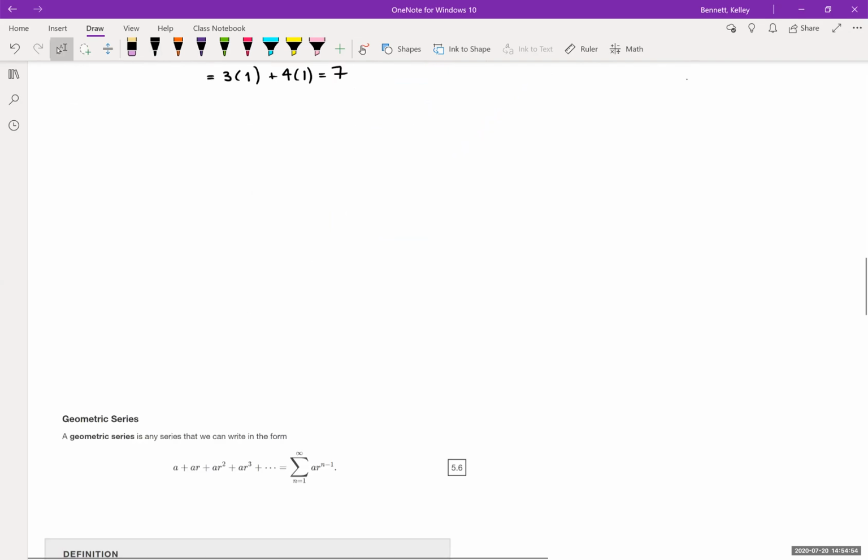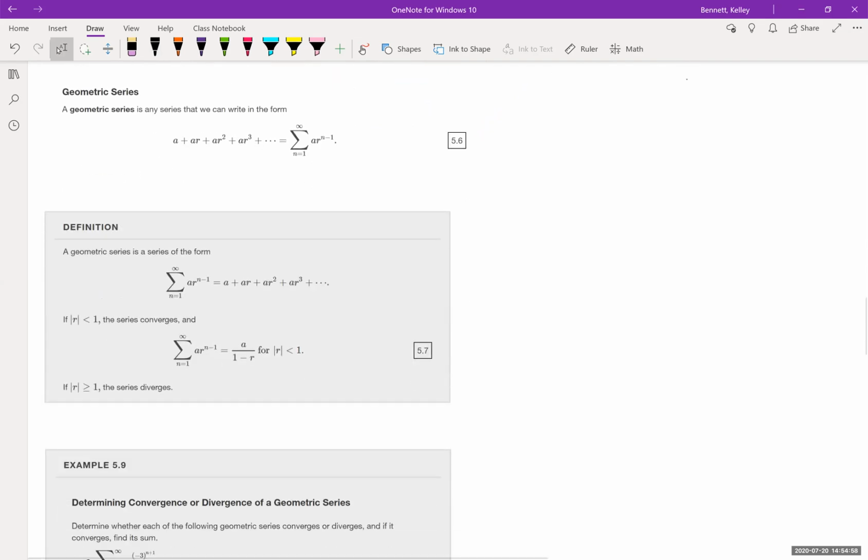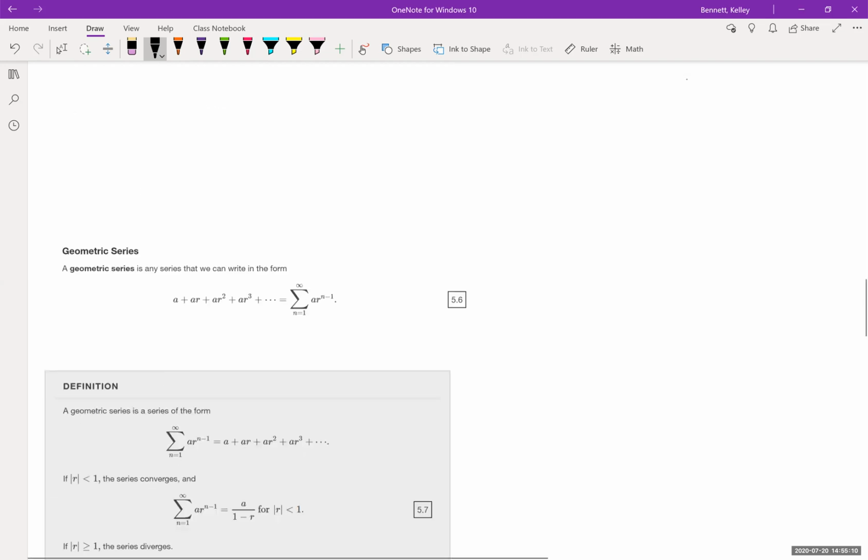So let's talk about the geometric series. We just saw an example where we had 1/2 to the n. So a geometric series is just where you're taking powers of some ratio r. Notice here that they start their summation at 1. This is the cool thing that you can always do: you don't have to start your summation at any particular point.